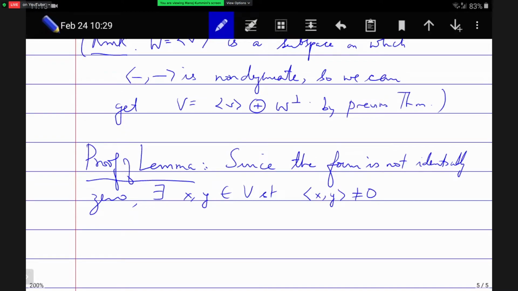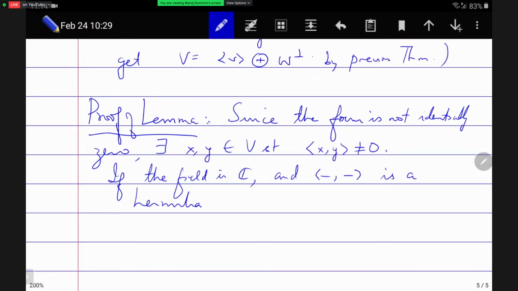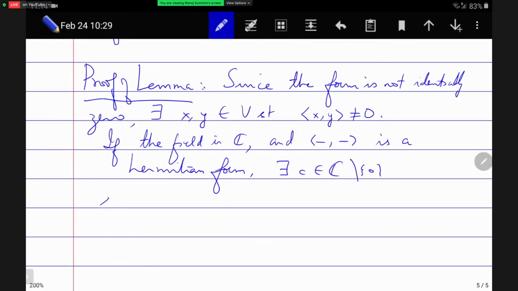So if the field is C, and this is a Hermitian form, there exists c in C, non-zero, such that ⟨x,cy⟩ is real and non-zero.